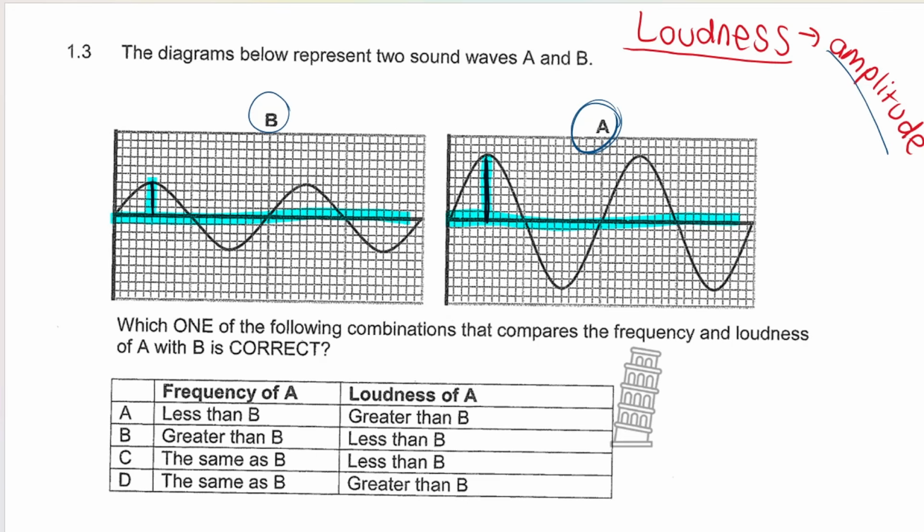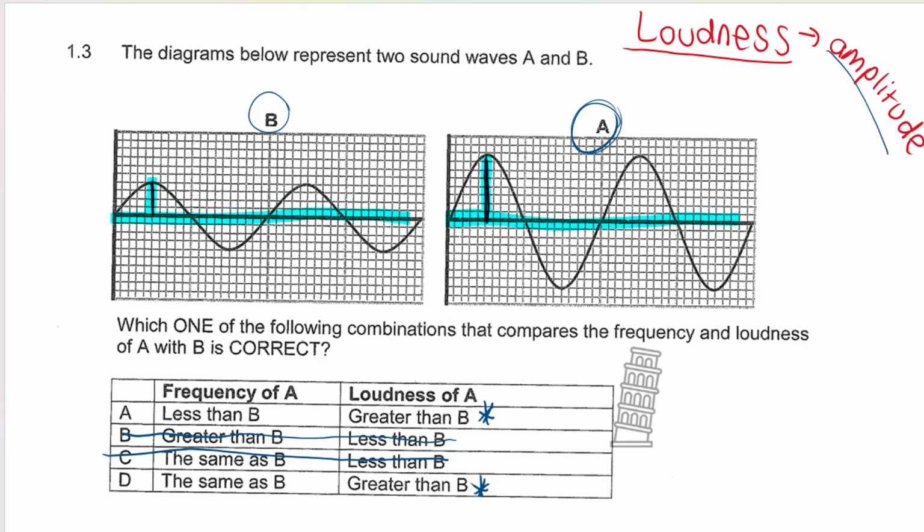So when we select our correct answer here, the loudness of A must be greater than the loudness of B. So it's either going to be this option or this option. These options are immediately out of the running because we know the loudness of A must be greater than the loudness of B. The amplitude is bigger.